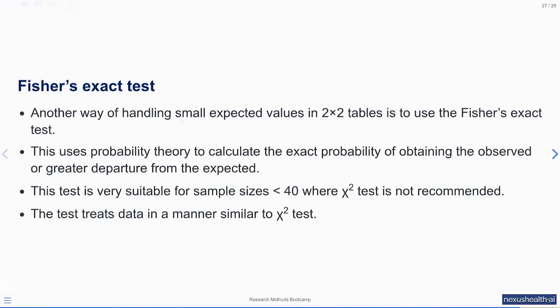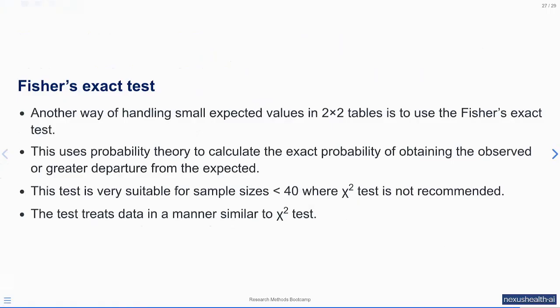Another way of handling small expected values in 2x2 tables is to use the Fisher exact test. This uses probability theory to calculate the exact probability of obtaining the observed or greater departure from the expected. This test is suitable for sample sizes less than 40, where chi-square test is not recommended.